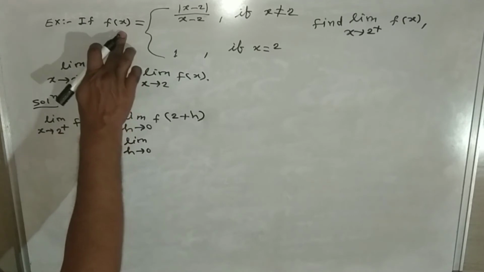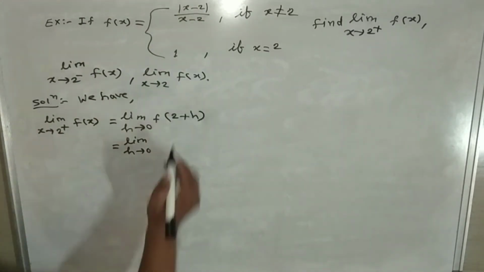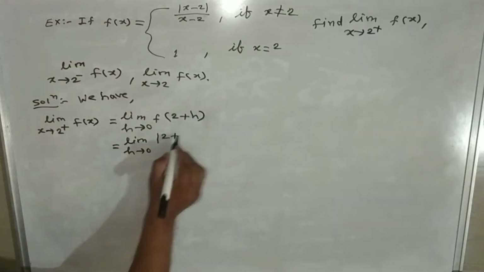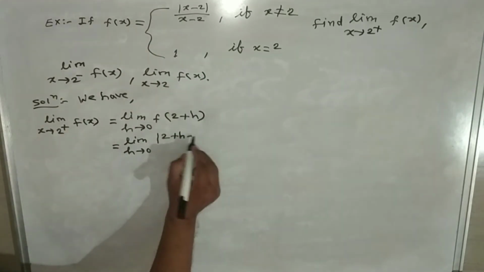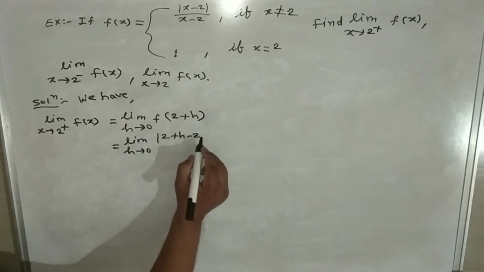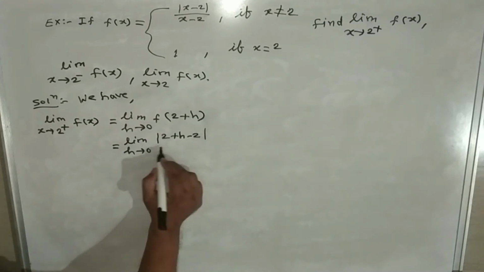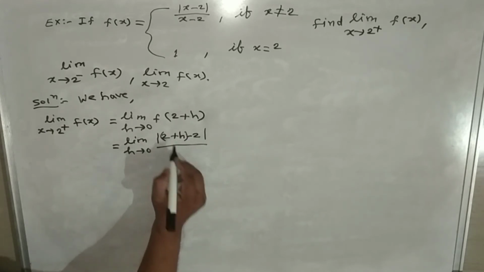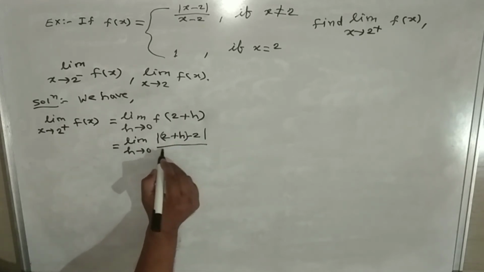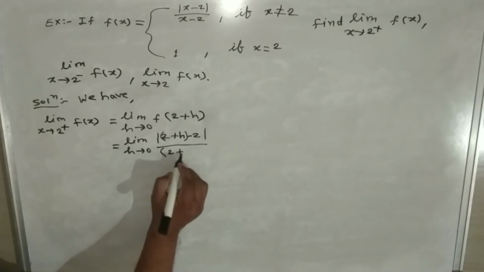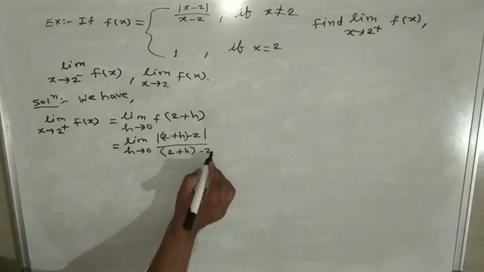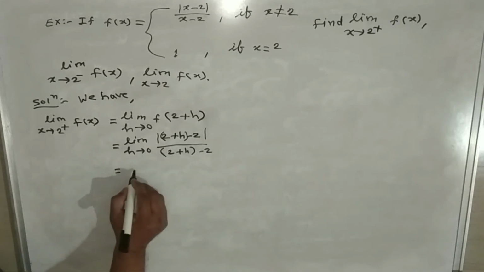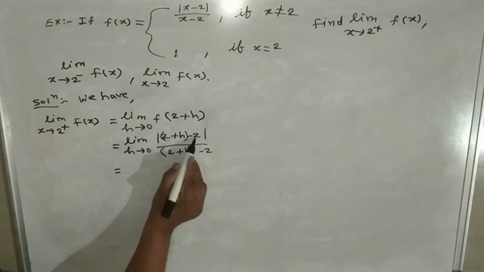In f of x, in place of x there is 2 plus h, so mod, in place of x we write 2 plus h minus 2, divided by 2 plus h minus 2. So what do you get? This 2 will be cancelled.